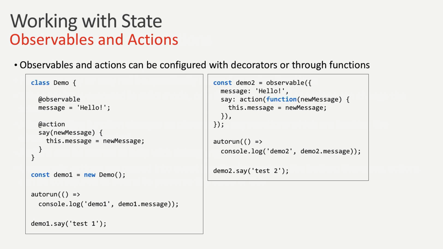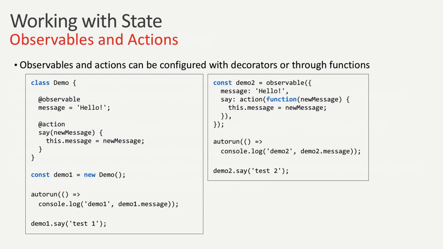So you'll see when we registered that function with autorun and used demo1.message, that then registered it with the observable. And then when we said demo1.say, it actually calls the function, sets the value, which then triggers the autorun function to run again.